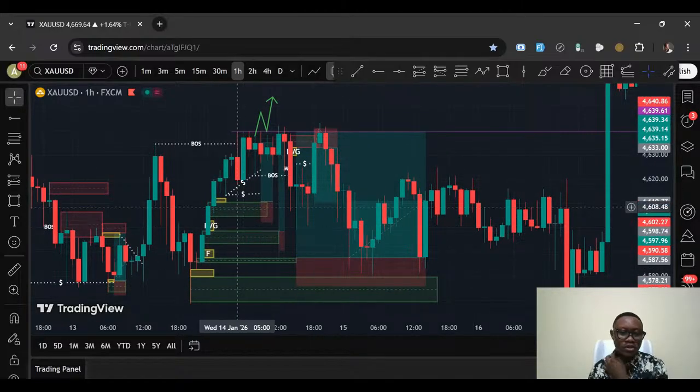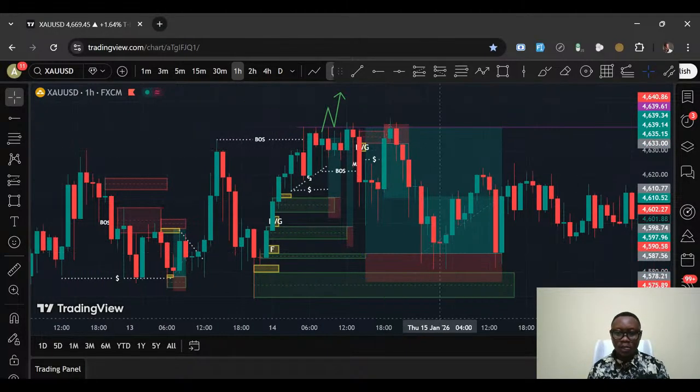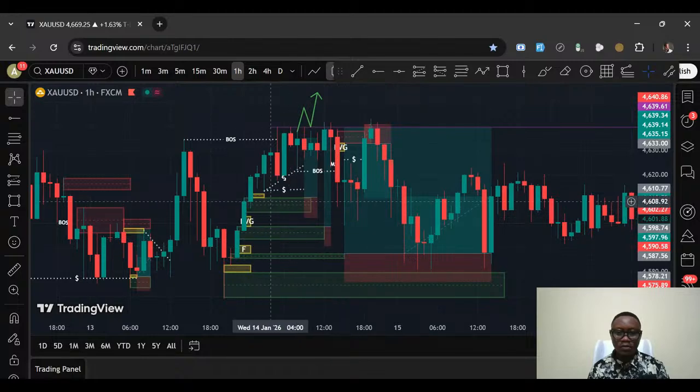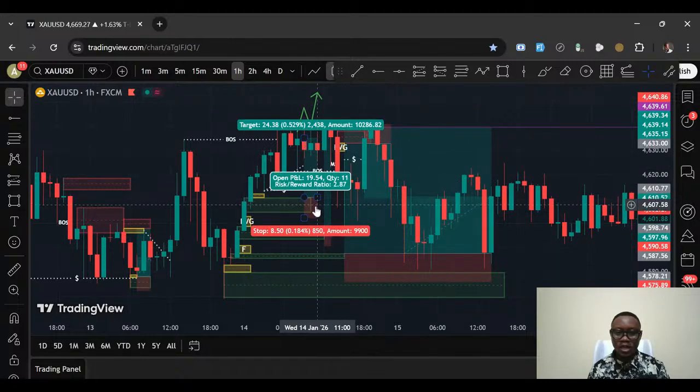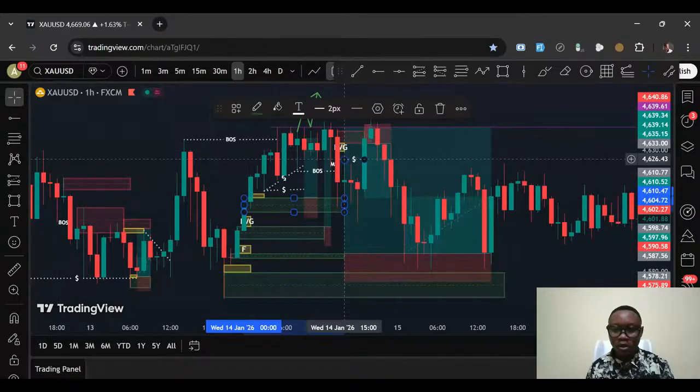So on our first zone, this was the first zone we marked out. Okay, and look at what price did. Price actually came and tapped into the zone, right, and gave this bullish move.